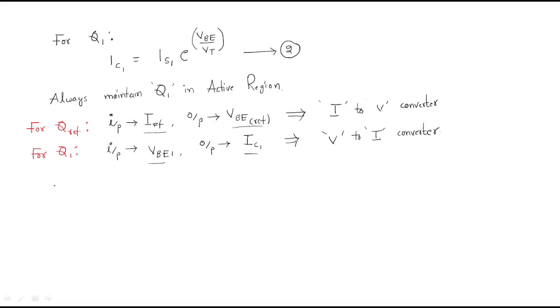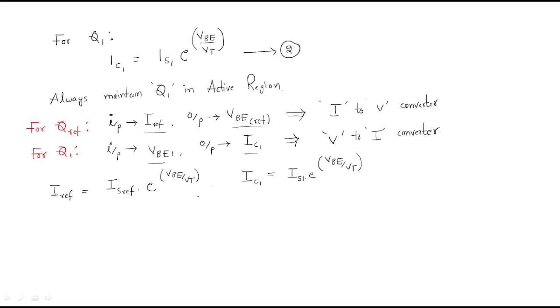So by using this, already we are getting two equations. For reference we are getting the reference current is IS reference exponentially VBE by VT, and for the first transistor IS1 exponentially VBE by VT.